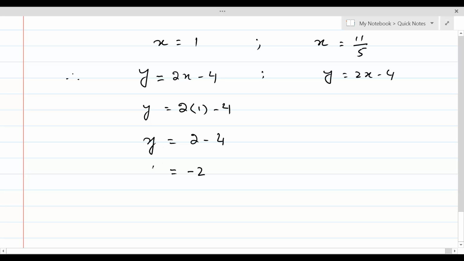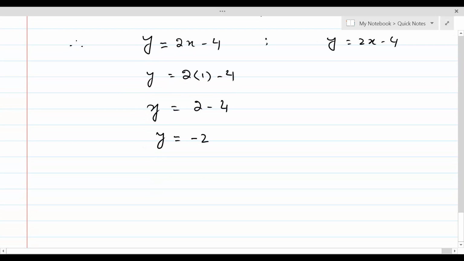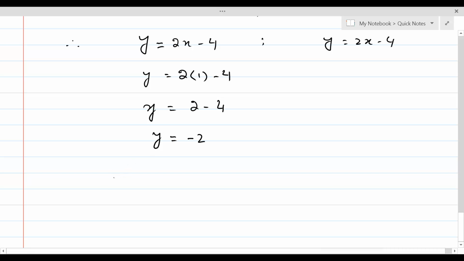So you can see that when x was equal to 1, y is equal to minus 2.